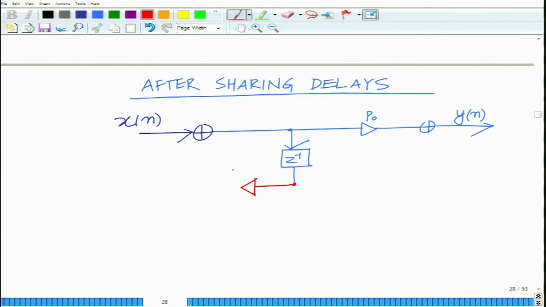So, this is minus d1 and this part here is basically your p1 and this is basically what is giving you this.